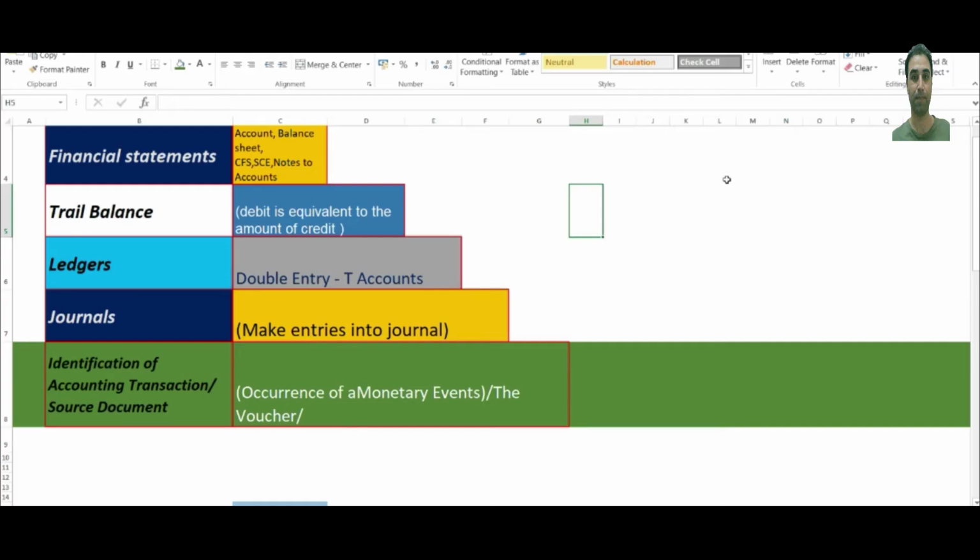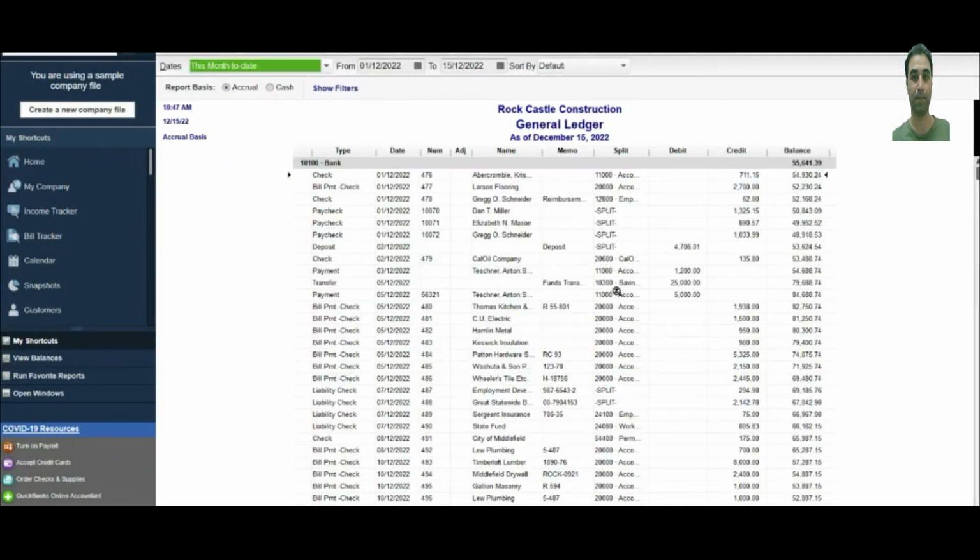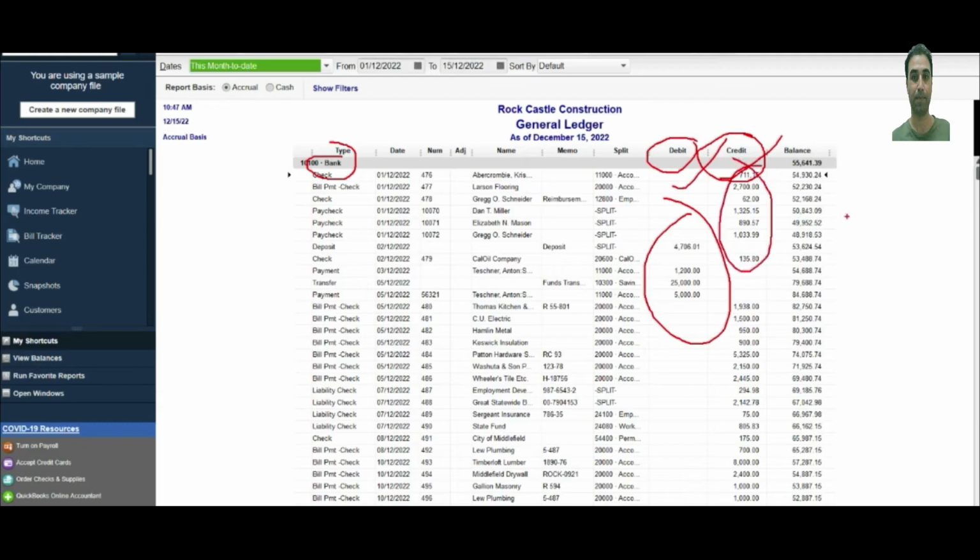So how does a journal look nowadays? It looks like this. For bank, you have debits and credits. Don't bother about what debit and credit are, but all the incoming you record here, all the outgoing is recorded here, and then you have a balance.